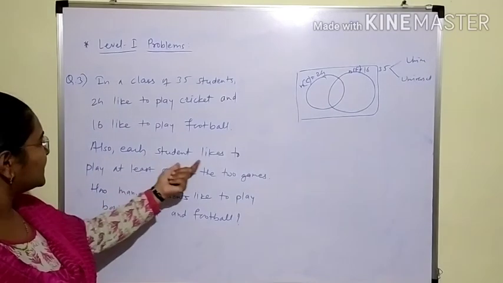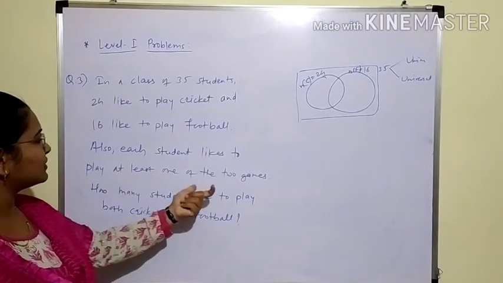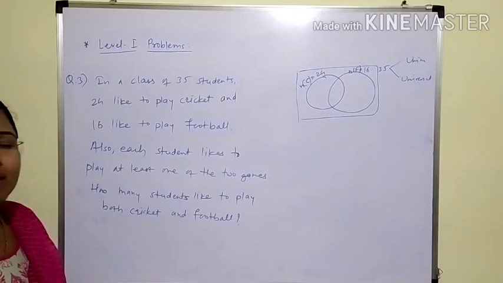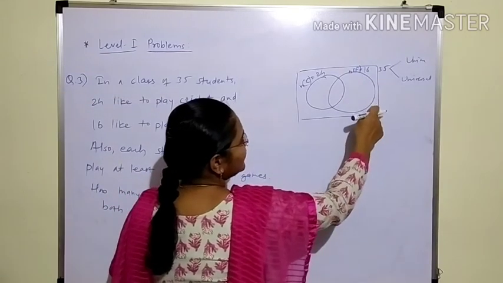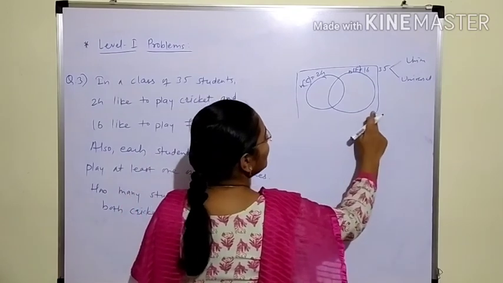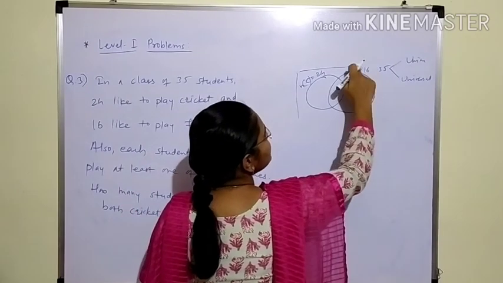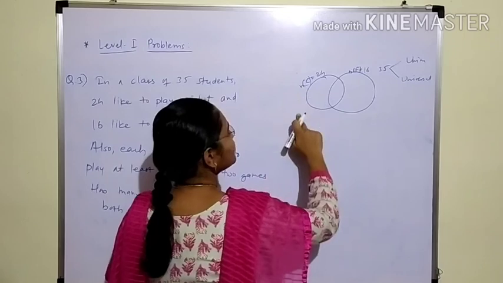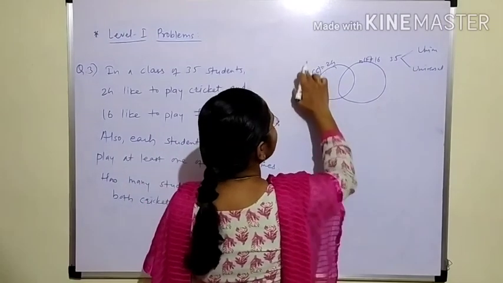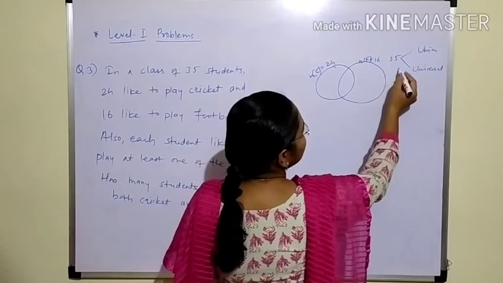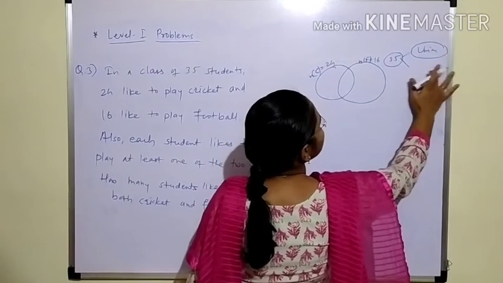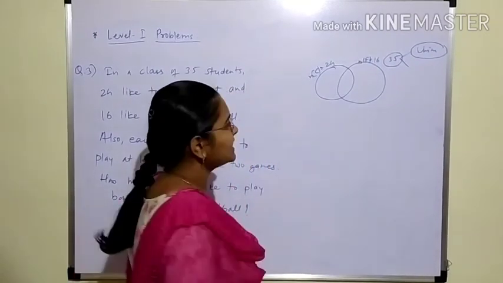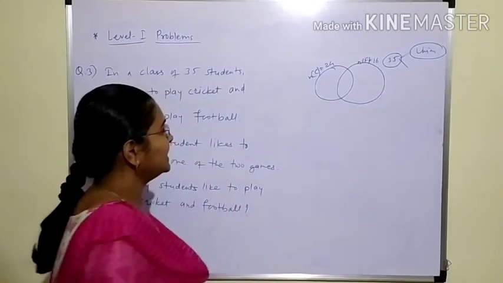Now each student likes to play at least one of the two games. Means for this 35 quantity, no need to draw the universal set, this 35 is the number for the union of two sets. Getting? So we have the quantities now.